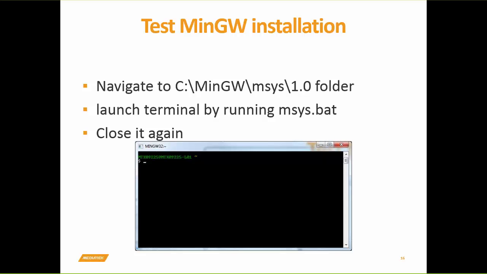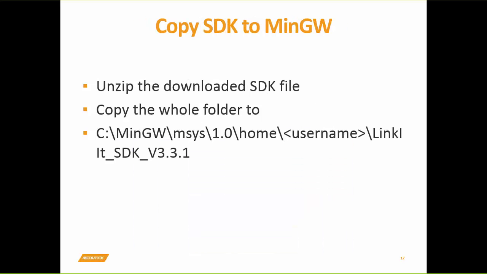If that is working, then you have successfully installed the MinGW compiler. So you can close it again, and we can now move on to copying the SDK into the MinGW folder.